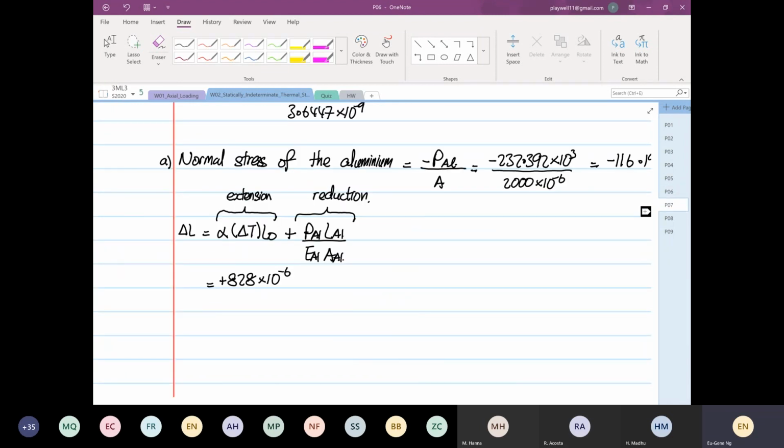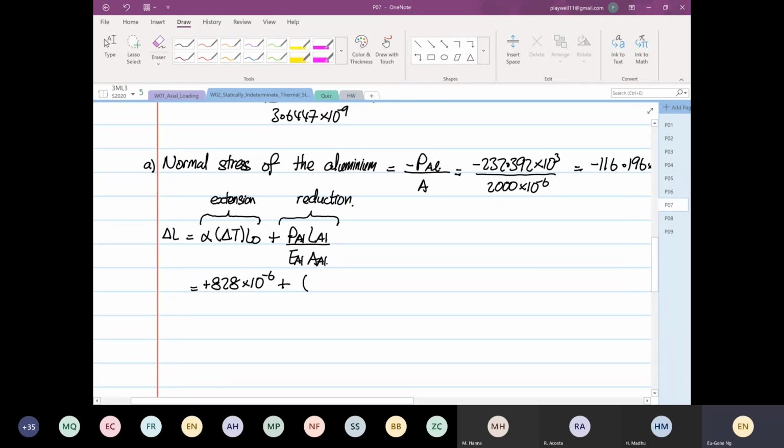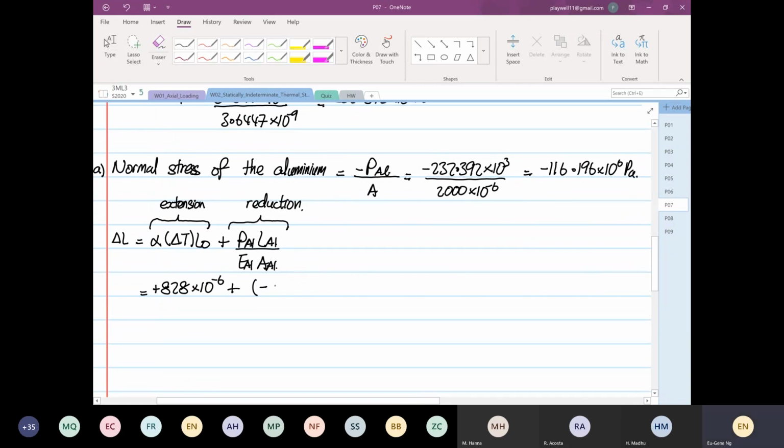And then we have plus P aluminum, so it's minus 232.392 times 10 to the power 3 multiplied by the length of aluminum, divided by the Young's modulus of aluminum, which is 75 times 10 to the power 9, and the area is 2000 times 10 to the power minus 6.